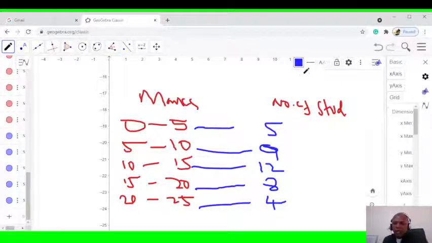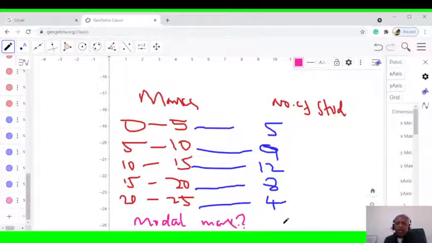Now as you can see from this illustration, what we are simply asking ourselves is, what's the mod? So the question is, find the model mark.